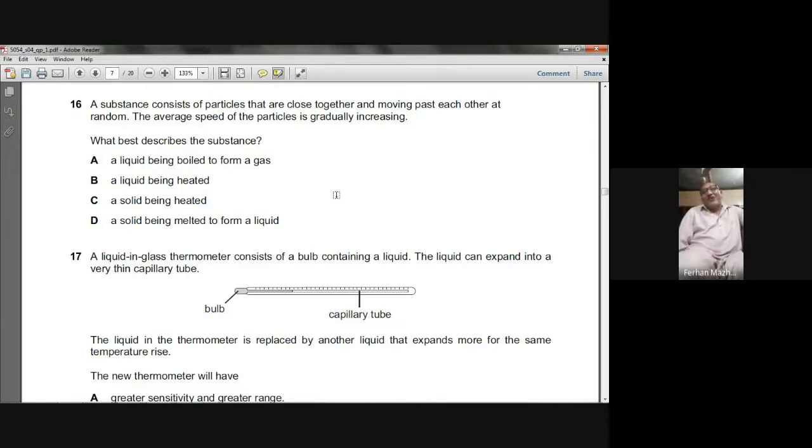The particles are close together and they are moving past each other. If the speed is increasing, it means the kinetic energy is increasing. It means the temperature is increasing. It means the thing is being heated. So it's a liquid being heated.